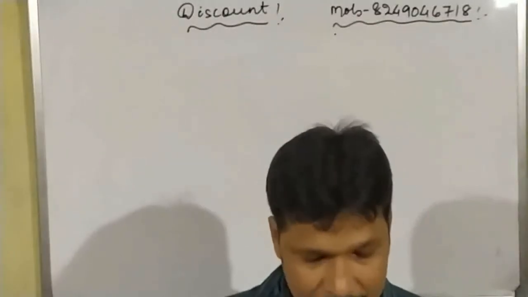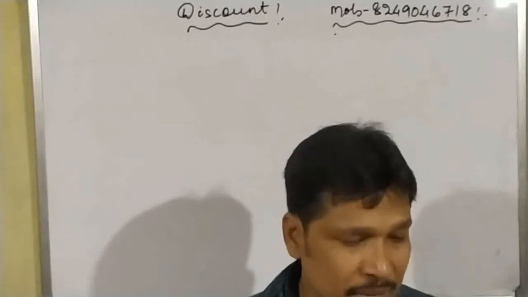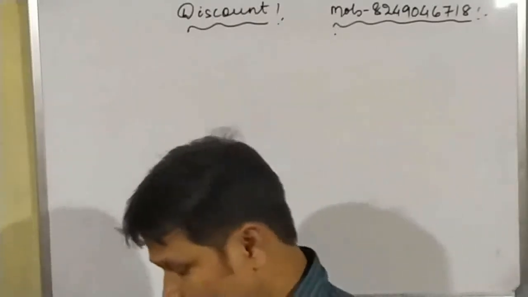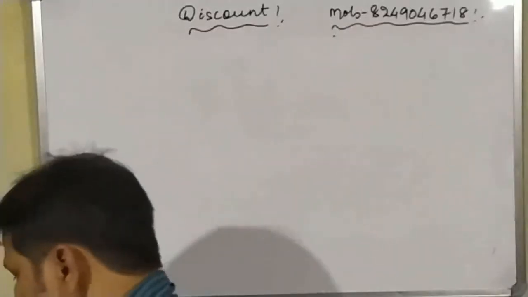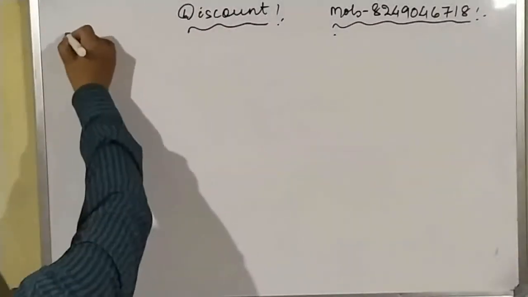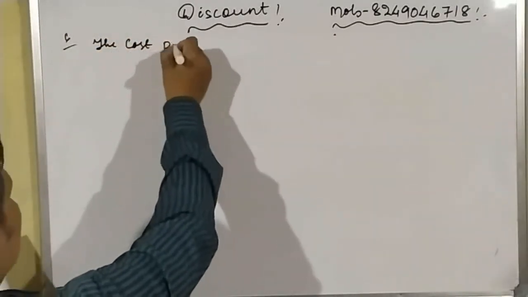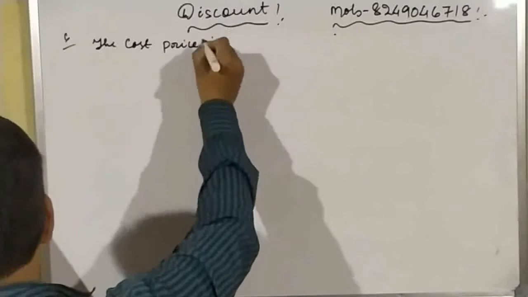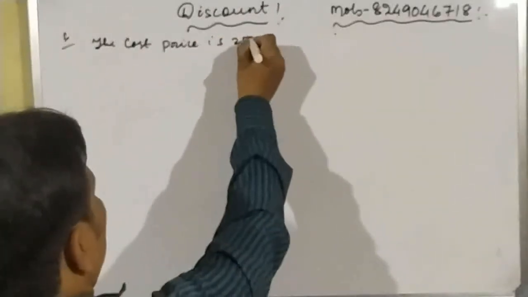Okay, so now our next question is: the cost price of an article is 25% below the mark price. This is also one type of tricky question. So what is given? Question number 6: the cost price is 25% below the mark price.